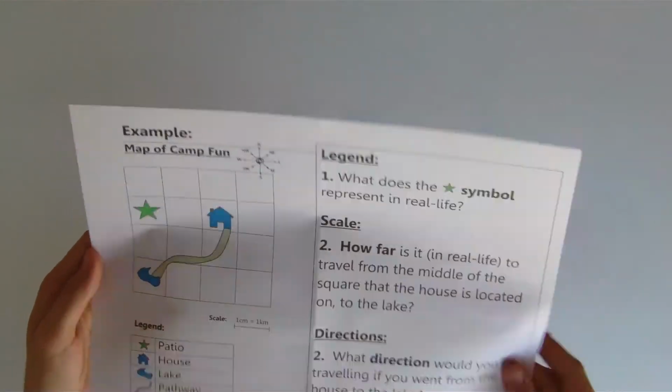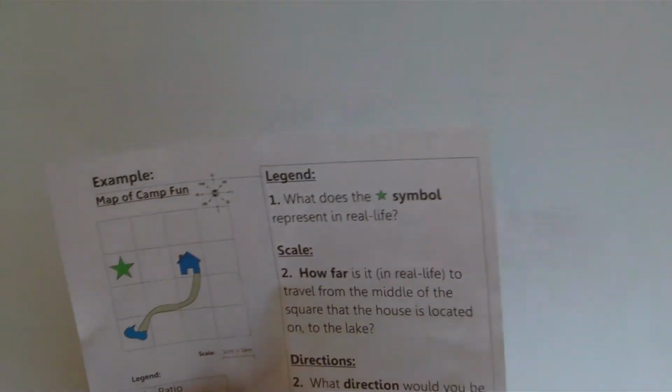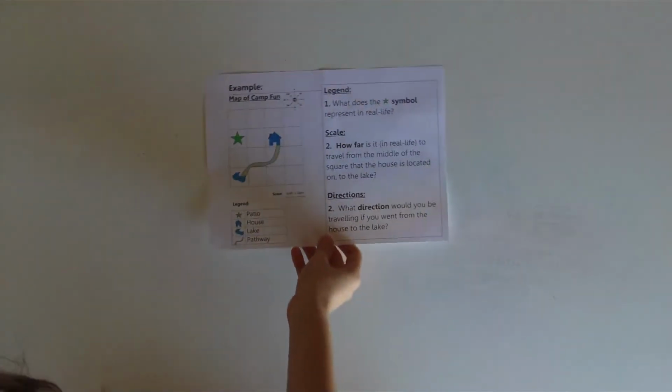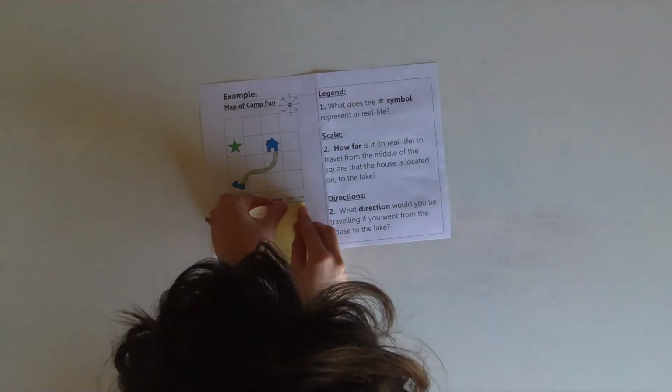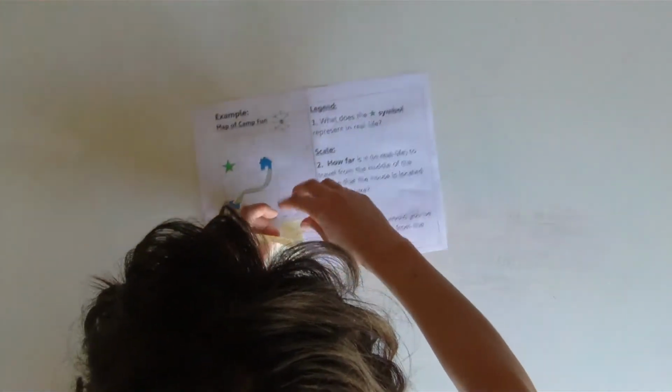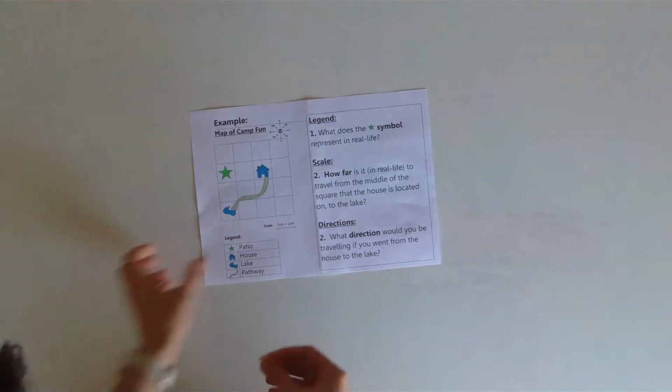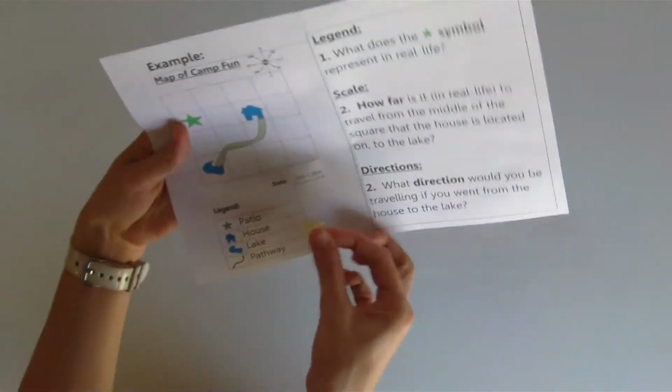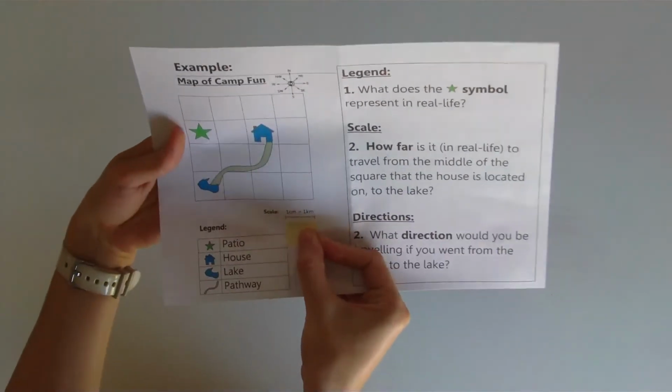For this one, you would simply get a bit of paper, or you could even use a ruler. At this point, I'm not going to use a ruler. I'm just going to use a little bit of paper to show the scale there. So we've got the one there.